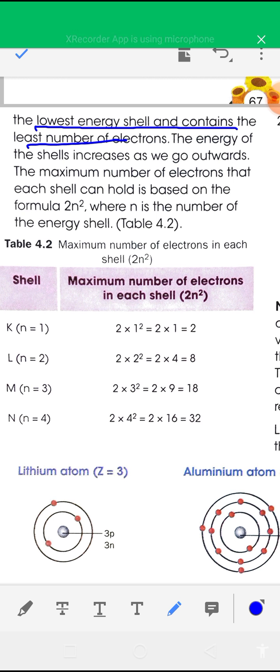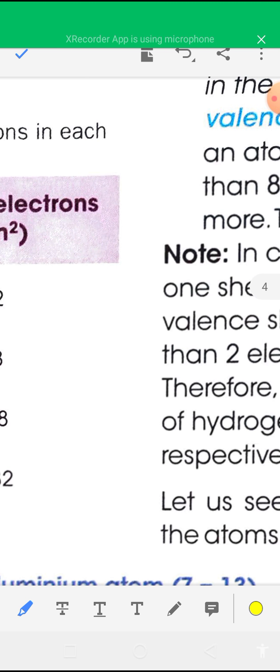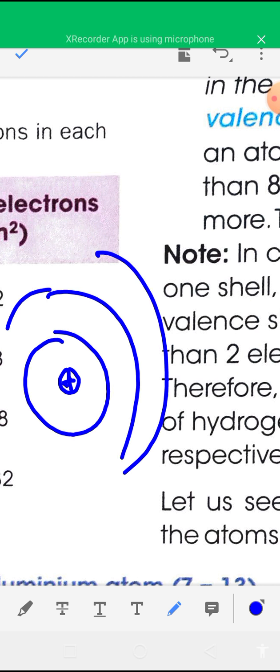The maximum number of electrons that each shell can hold is based on the formula 2n square, where n is the number of the energy shell. Using this 2n square formula, you can calculate the maximum number of electrons in each shell. According to the Bohr-Bury scheme, the different shells around the nucleus are represented by K shell, L shell, M shell.